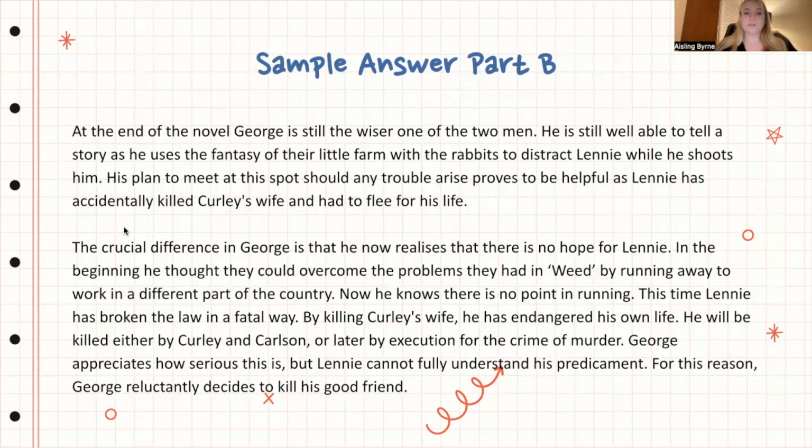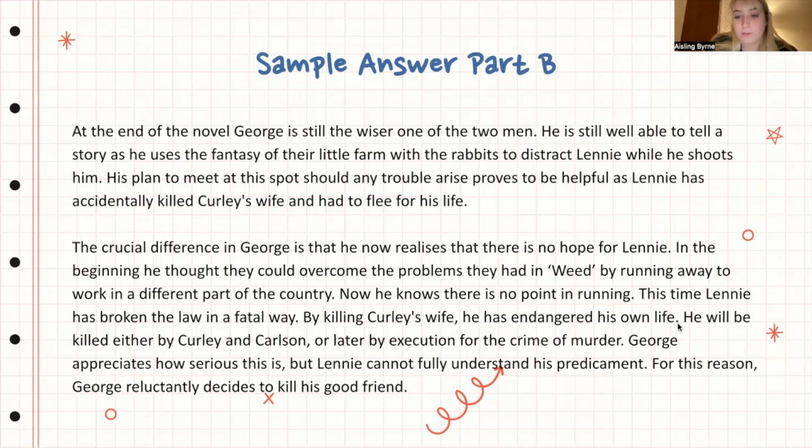The crucial difference in George is that he now realizes that there's no hope for Lenny. In the beginning, he thought they could overcome the problems they had in the Weed by running away to work in a different part of the country. Now he knows there is no point in running. This time, Lenny has broken the law in a fatal way by killing Curly's wife.